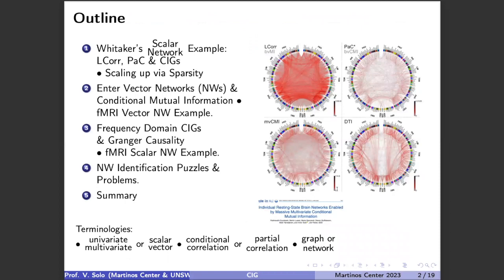Okay, so here's an outline. What I'm going to do is take you through the first few pages of Whittaker's book on conditional independence graphs. And by the way, when I say graph, you can also think network. The theory I'm going to outline began to be developed in the stat literature in the 70s.